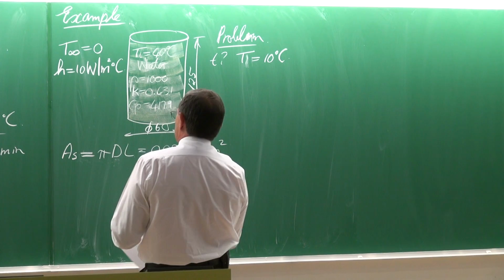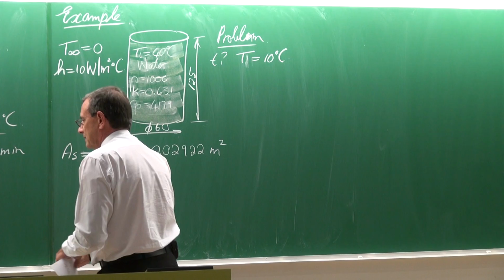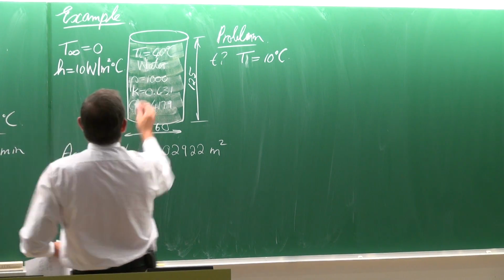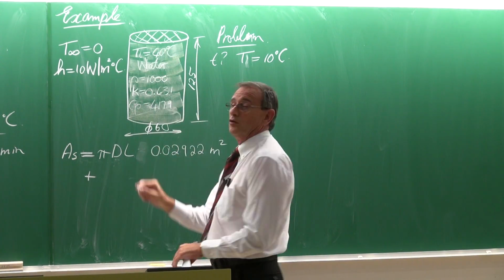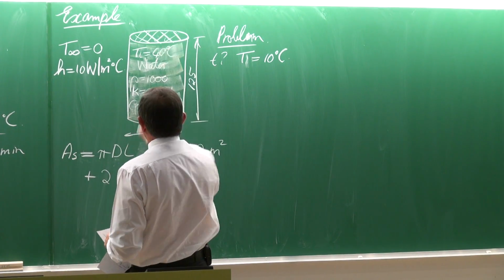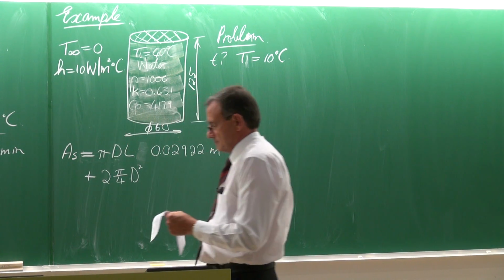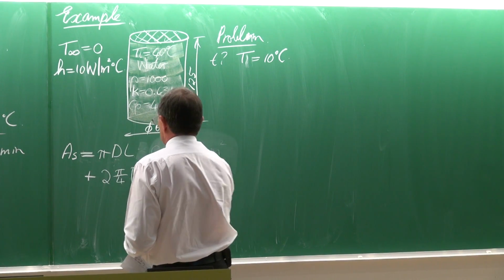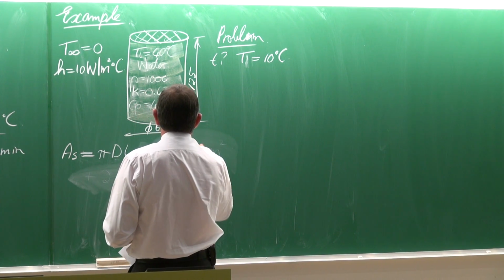Sorry, that would obviously be the outside surface, but then we need to add this area, and the same area on that side. So that would be 2 times pi divided by 4 d squared.